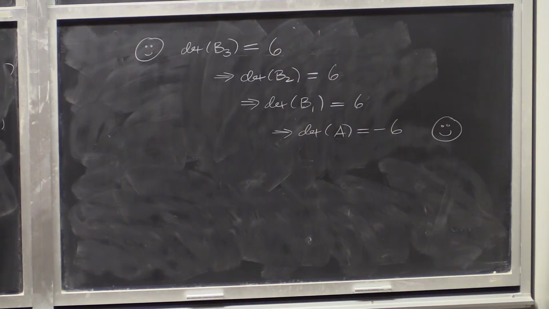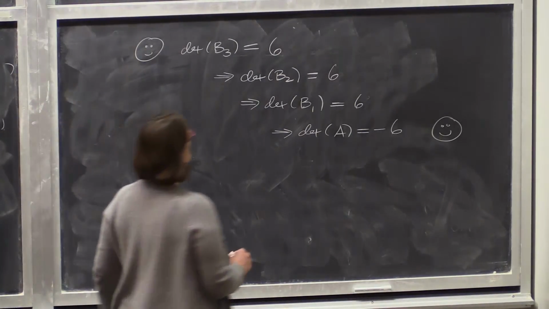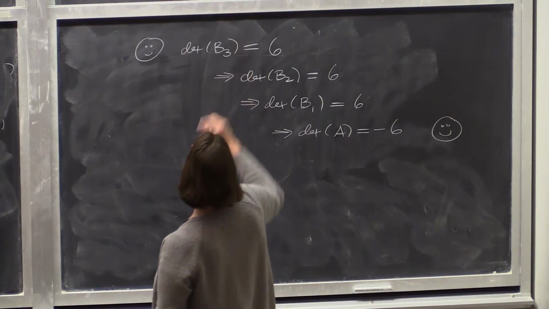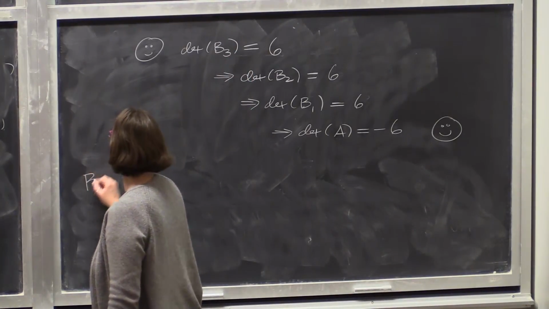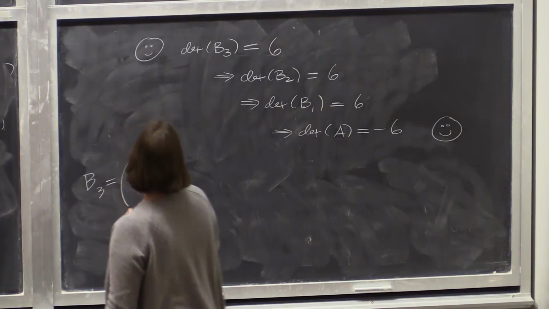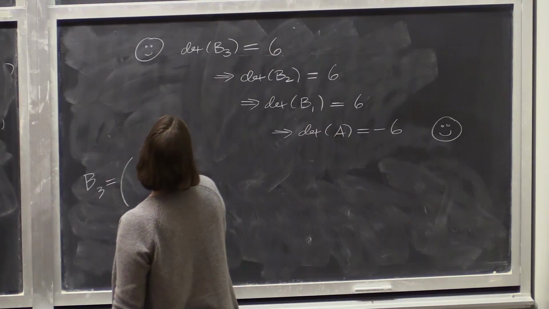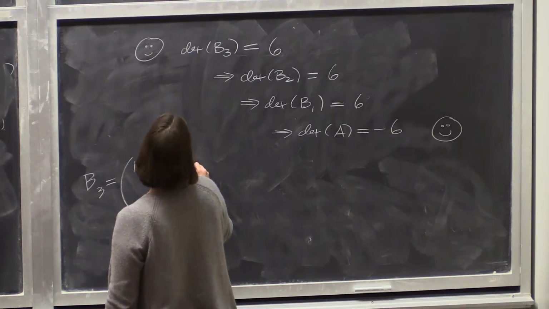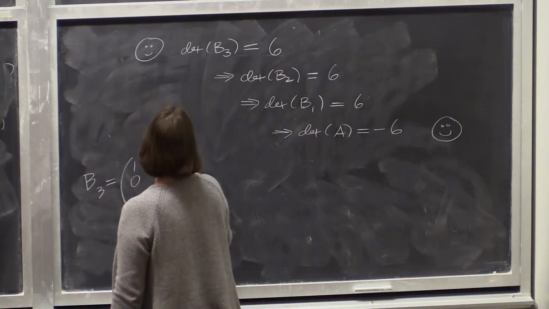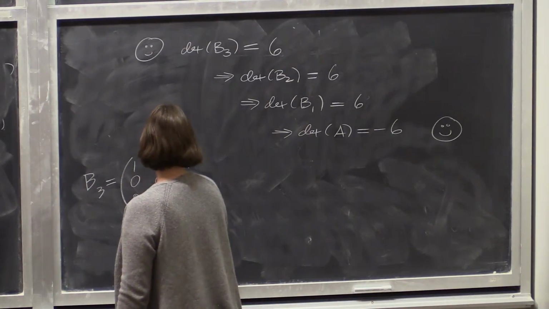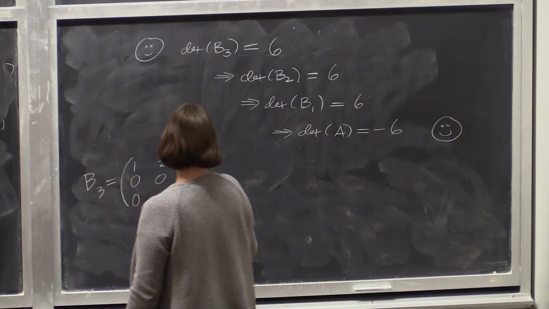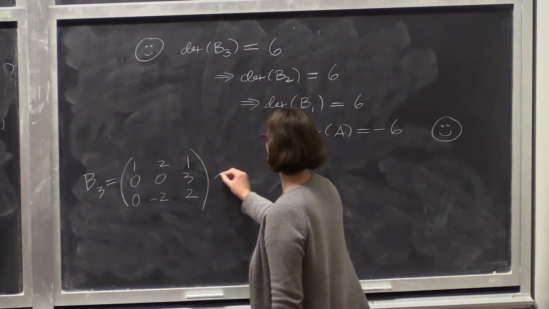But let's keep going. Let's take this all the way to reduced row echelon form. So we have B3, which is 1, 2, 1, 0, 0, 3, 0, minus 2, 2. I'm going to swap rows 2 and 3.